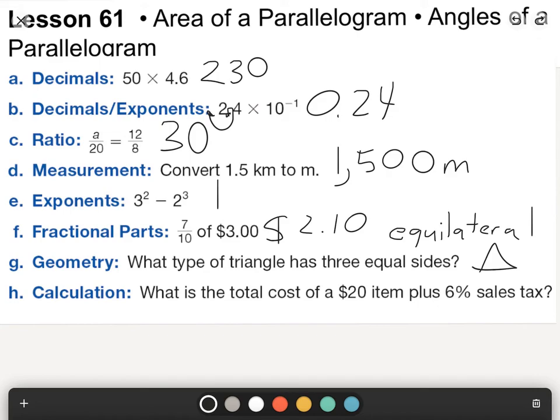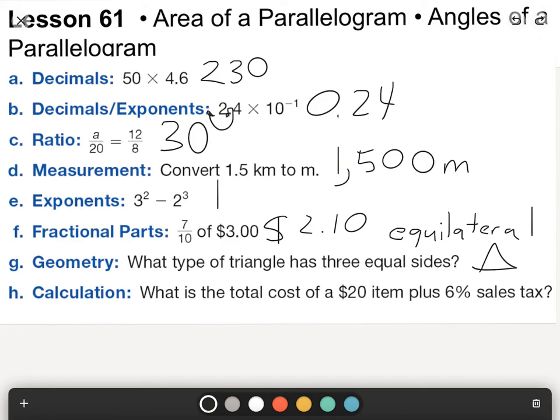All right, so the total cost of an item with 6% sales tax. You could really think of this as 6/10 times 2. But can 6 times be reduced? Or you could think of this in terms of 1%. Maybe think of it as 1% of it would be 20 cents.